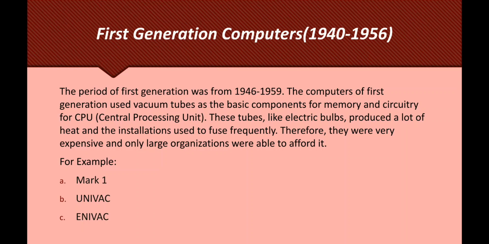The small companies could not purchase or install these systems. Some examples of first generation computer systems are Mark 1, UNIVAC, and ENIAC. These were the famous computer systems developed in the first generation, between 1940 and 1956.